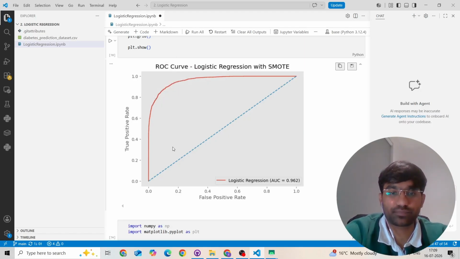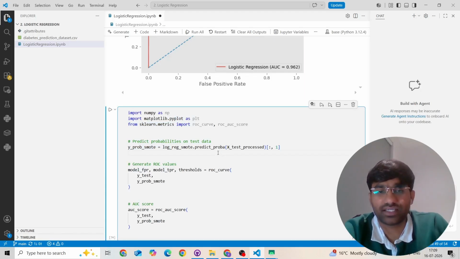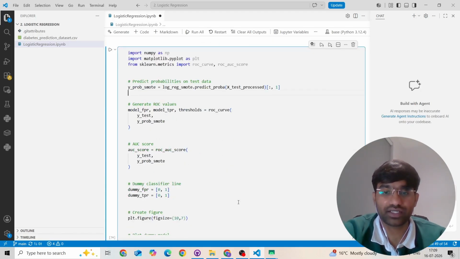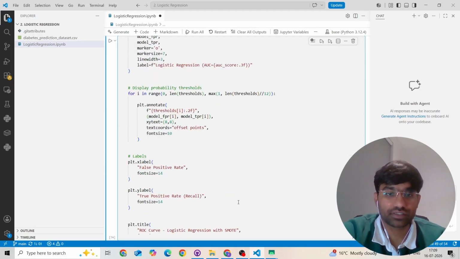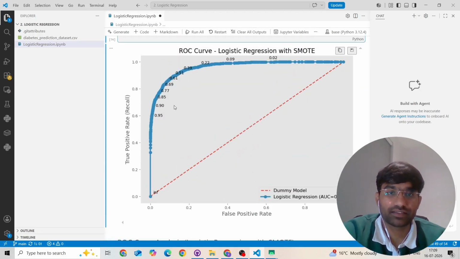So let's plot it with the threshold. The code you can get from ChatGPT, that's not an issue. I have also provided the code in the GitHub. Let's plot it. See, if you see here, around 0.61, the false positive rate is low and the true positive rate is high.